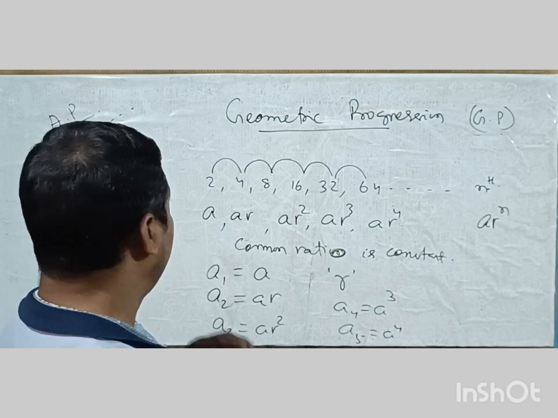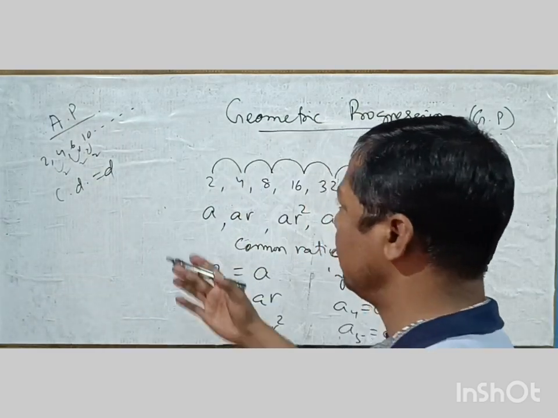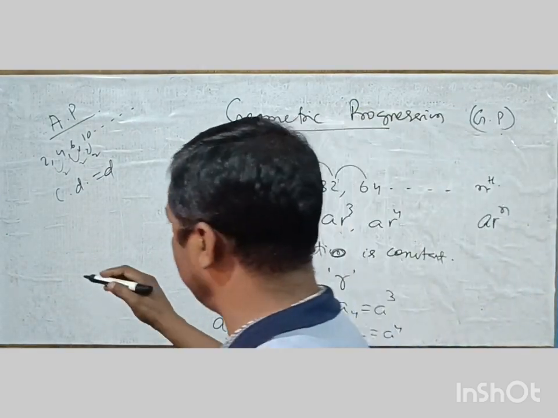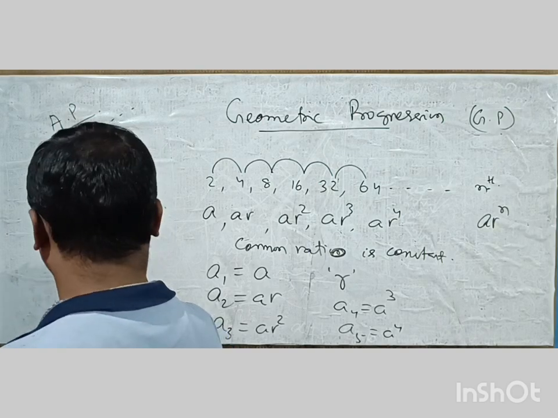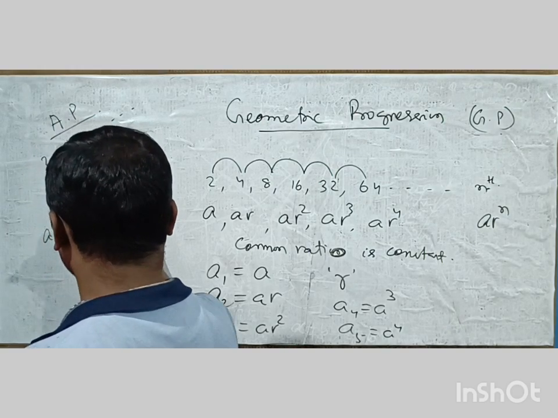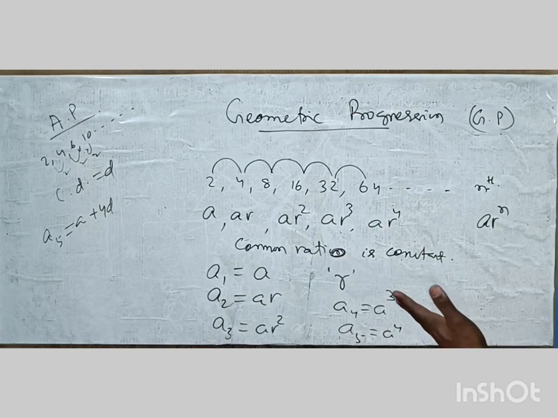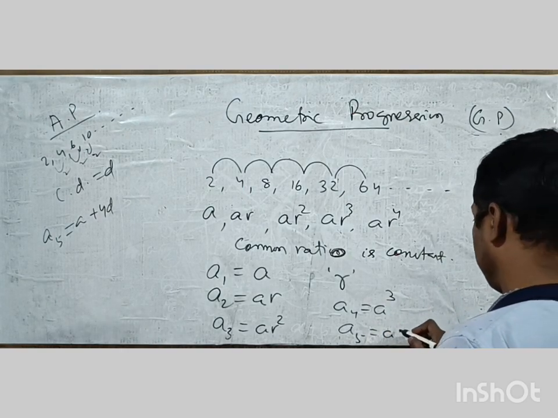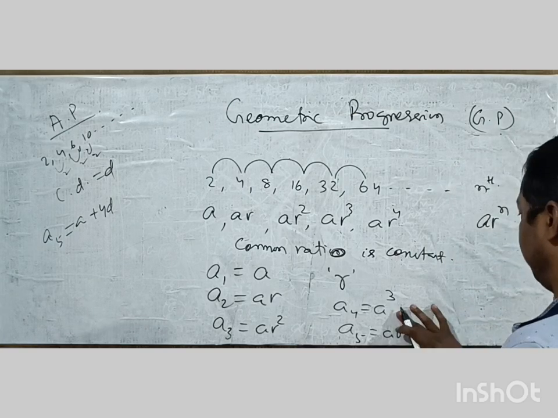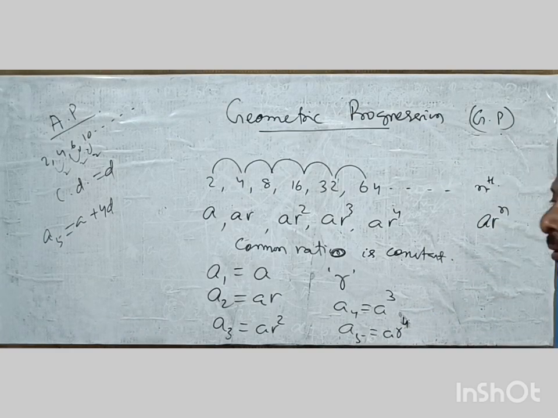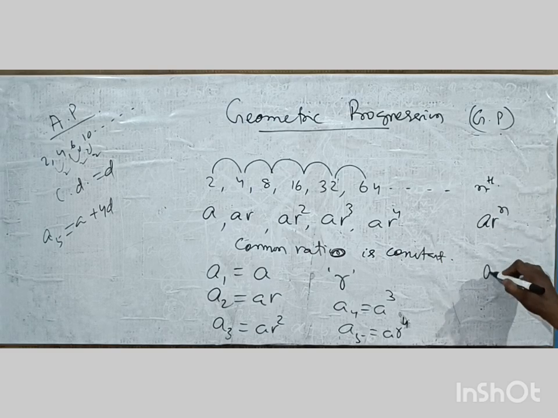But in this AP case, A5 means A plus 4D, like this. But here A5 is AR4. So what will be the AN? AN will be AR^(N minus 1).